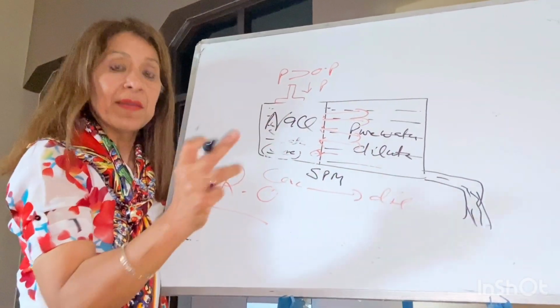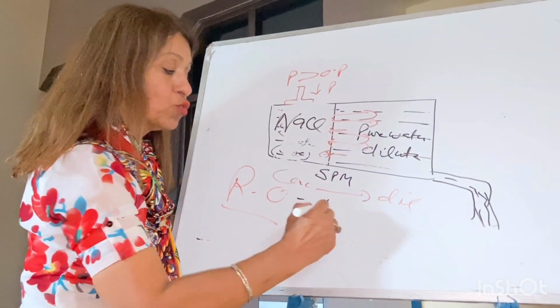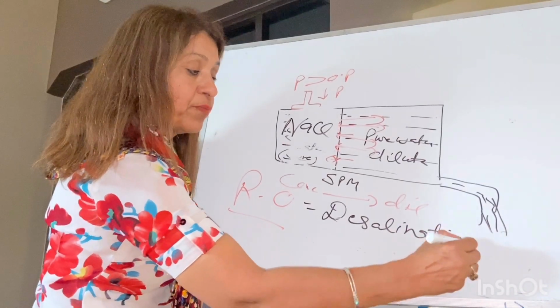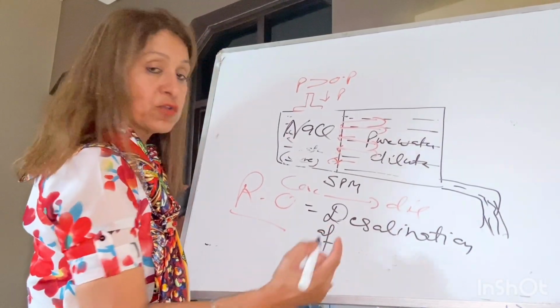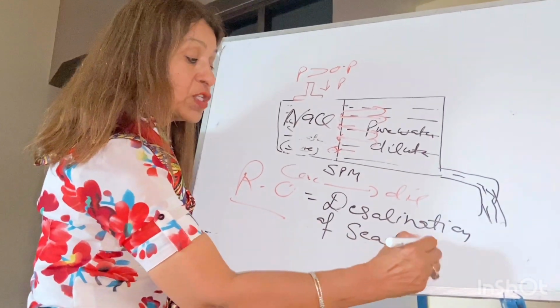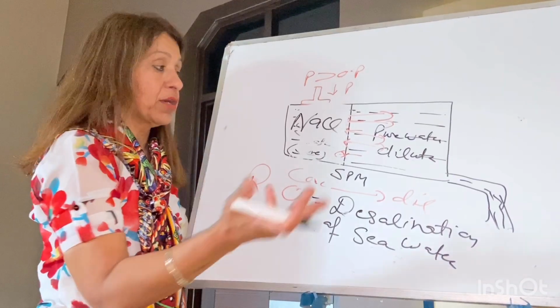So students, remember, reverse osmosis is a method used for the desalination of seawater, that is, to extract salt from the seawater.